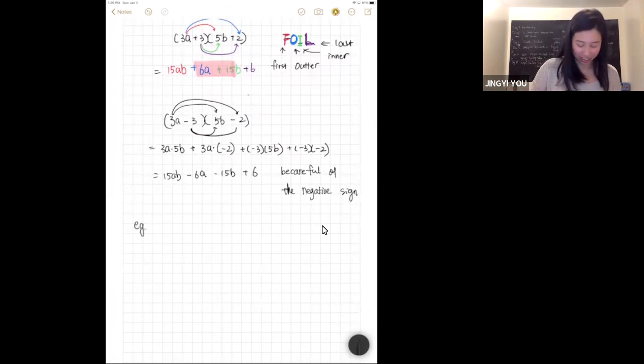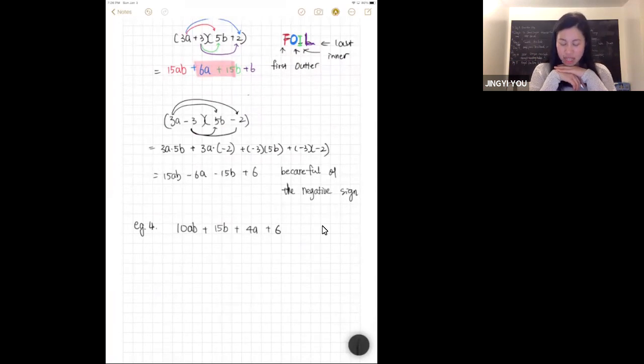Okay, so now let's do another example. I have 10ab plus 15b plus 4a plus 6. What's the common factor? Let's look at the numbers, not the letters. I have 10, 15, 4, and 6.